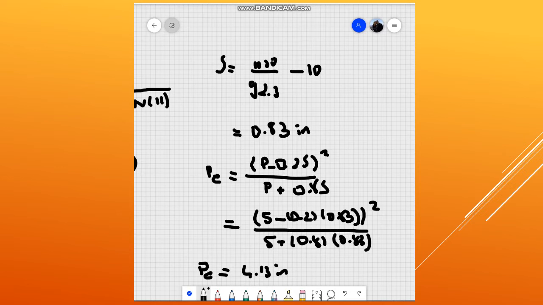Then of the 5 inches of rainfall, about 0.87 inch is going to infiltrate, but 4.13 inch of this rain is going to be excess rainfall. The direct runoff is going to flow away from the watershed.